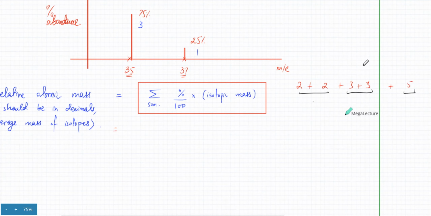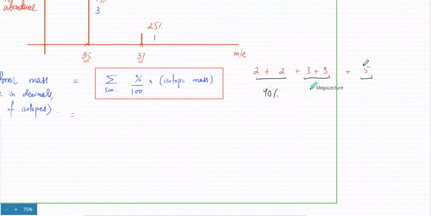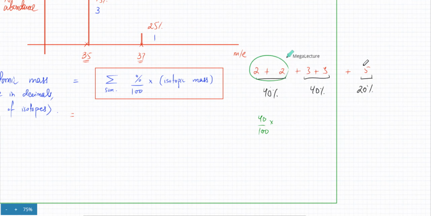Based on percentages, 40% of the time you're getting twos, 40% of the time you're getting threes, and 20% of the time you're getting fives. So the new way of finding averages is that you take 40, divide by 100, and multiply it by 2. The next one, again, 40 divided by 100, multiplied by 3. And the last one is 20 over 100, multiplied by 5.